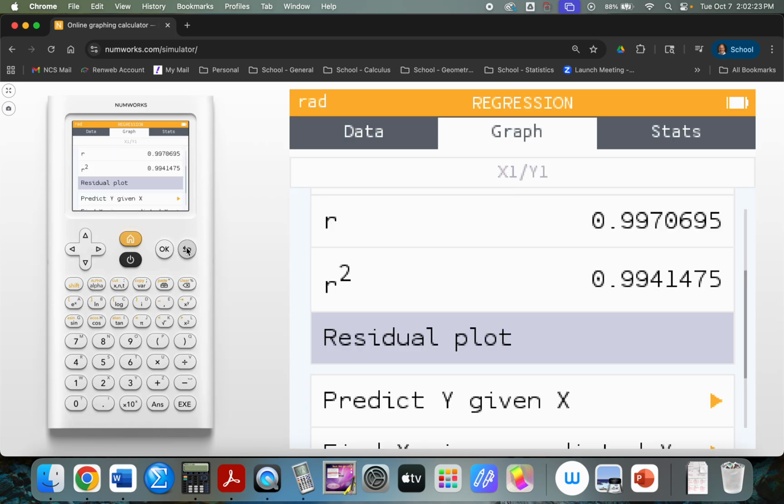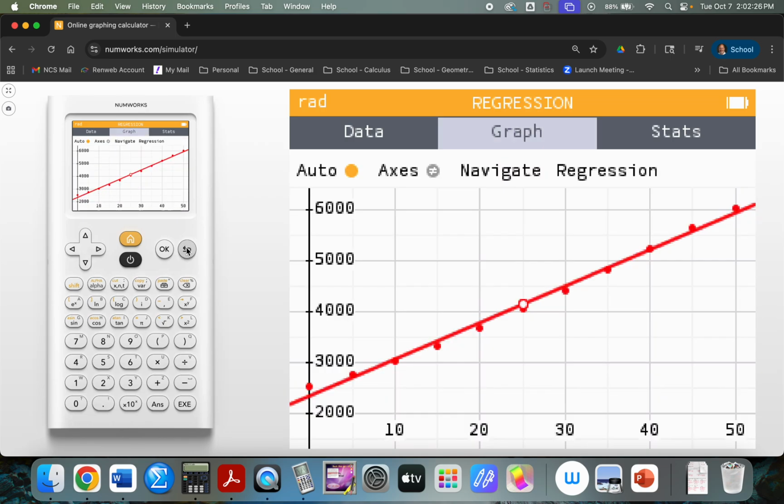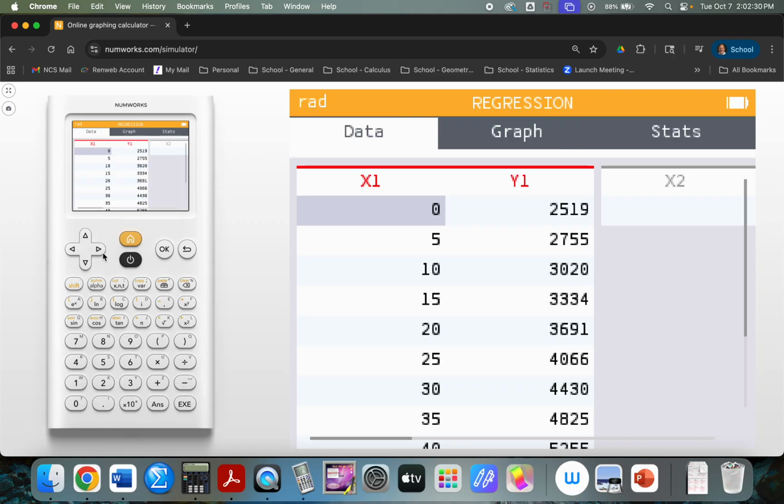So I'm going to go back to my data and take the natural log of each one of those. I don't remember what that number was. There we go.